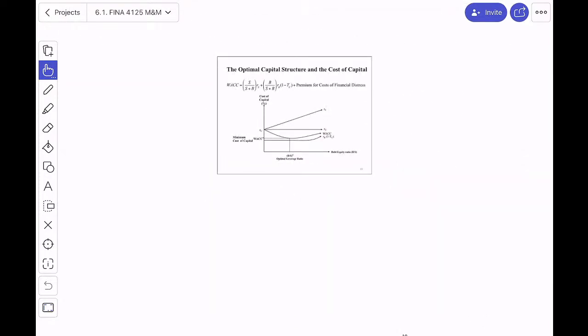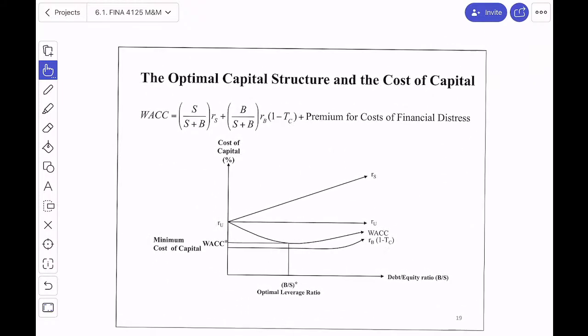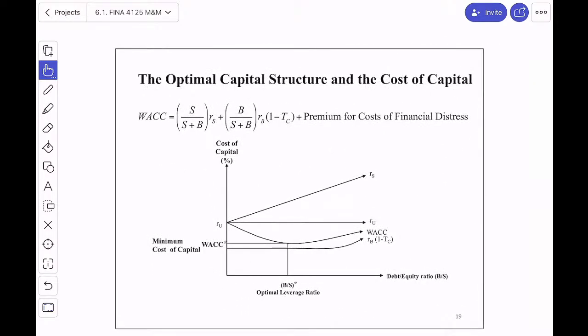What happens to the cost of capital? So we have to adjust now the WACC because we have the return to the average investor being partially the shareholder, partially the bondholder, but then this premium that has to be paid for financial distress for taking on additional debt.